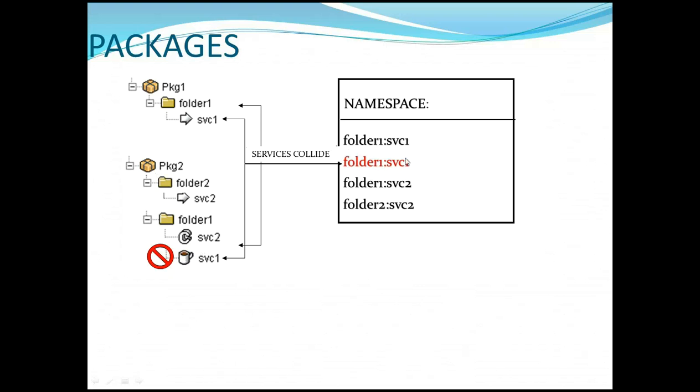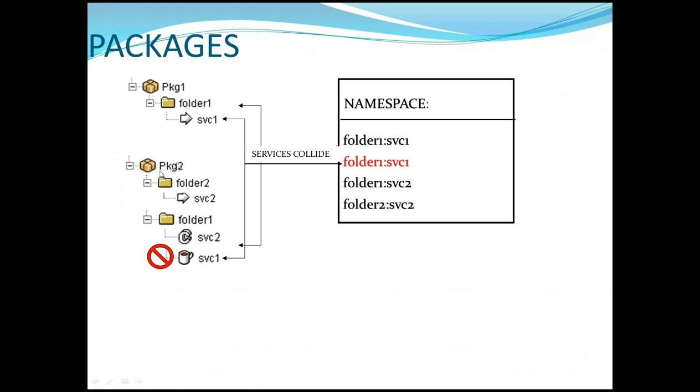So the integration server will say folder 1.service1 already exists, but you did not create it, someone else created it with the same name. In order to avoid this, after package creation, you have to create one more folder with the package name, package 1. In that case, it will come as package 1 dot service 1.